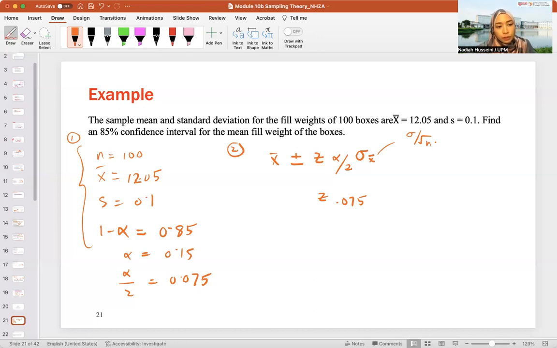If I don't know it, what should I substitute it with? The sample standard deviation, right? So if I don't know this one, I can use S over square root of n. It will still give you the confidence interval. So here, S over square root of n is 0.1 divided by the square root of 100. So that's just a 10.